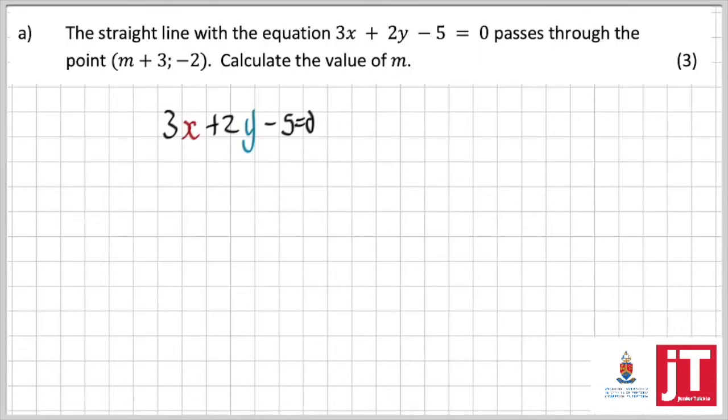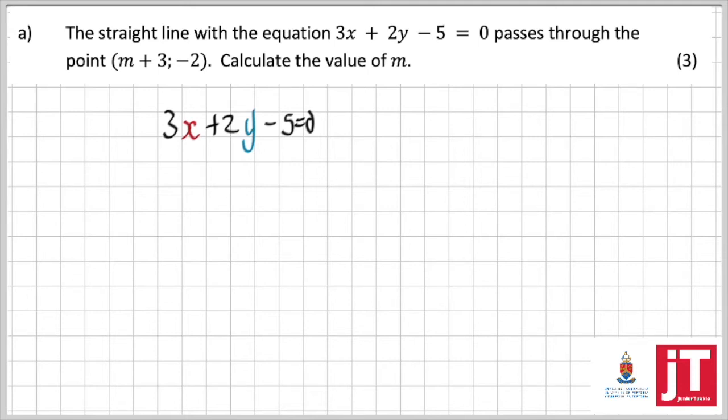When we look at the first question, it says the straight line with the equation 3x plus 2y minus 5 equal to 0 passes through the point (m plus 3, negative 2). Calculate the value of m.